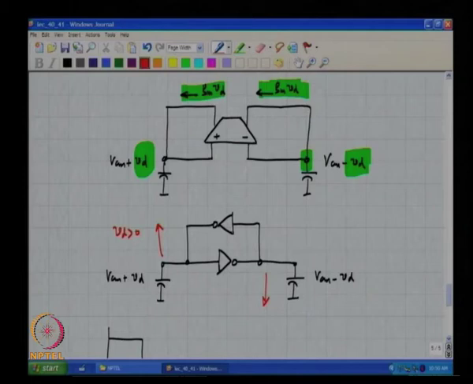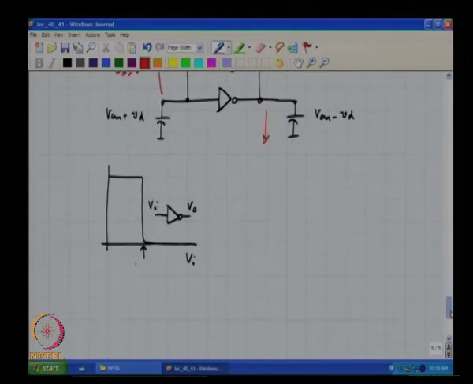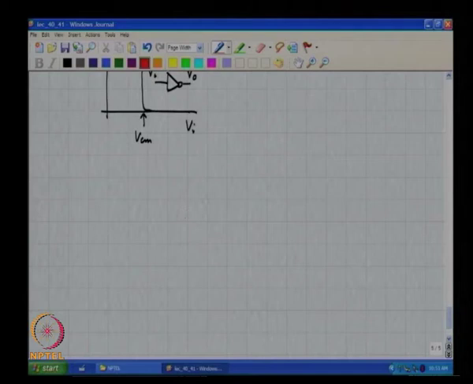Eventually, the output will become so high that the inverter will saturate, giving you a valid logic level. Does it make sense? Okay. So, now let us get down to drawing circuits. It is two inverters connected back to back.